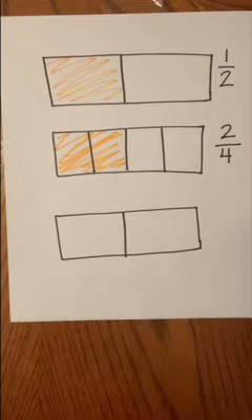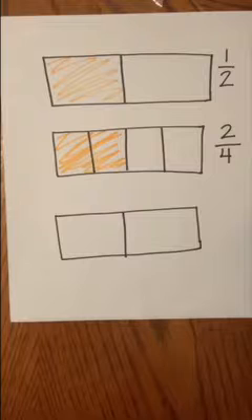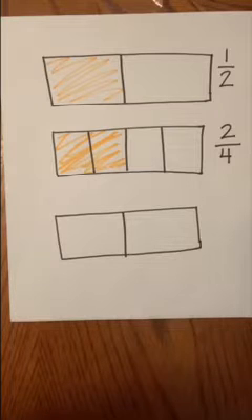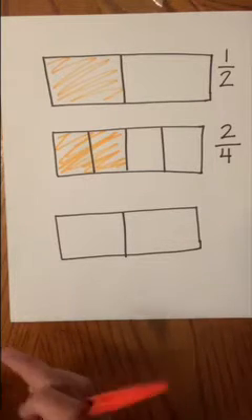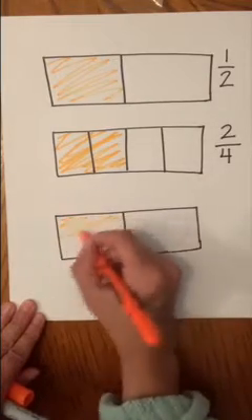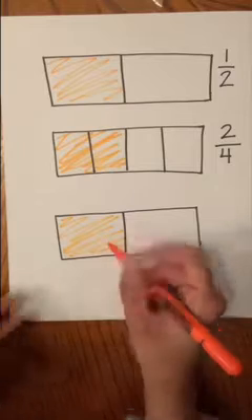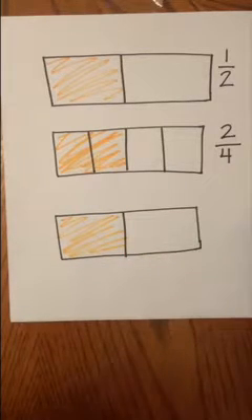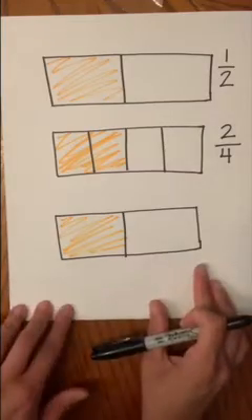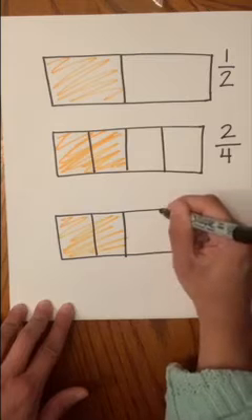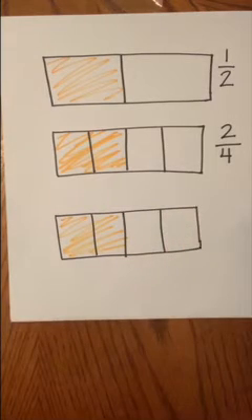Now, what if I want to make eighths? How can I do that? How can I do eighths? Well, I'm going to go ahead and shade this. And I'm going to go ahead and copy this. I'm going to make my fourths here. These are my 2 fourths.